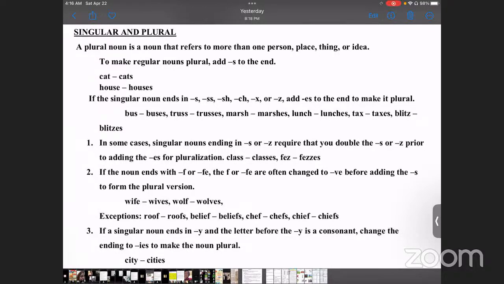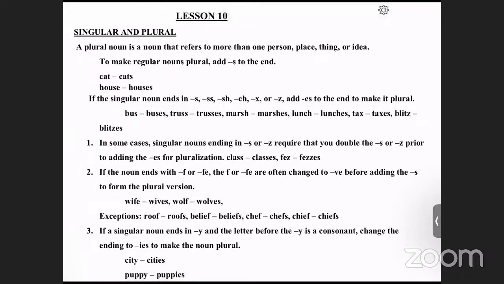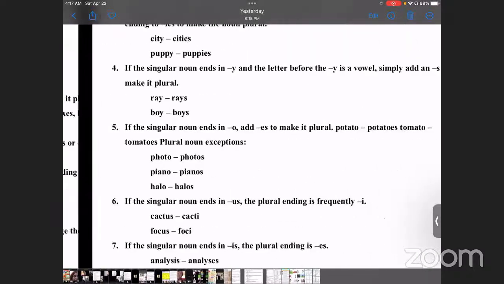If the letter before Y is a consonant, change the ending to IES to make the noun plural. For example, city, C-I-T-I-E-S. Puppies, P-U-P-P-I-E-S. So let's see the next slide.